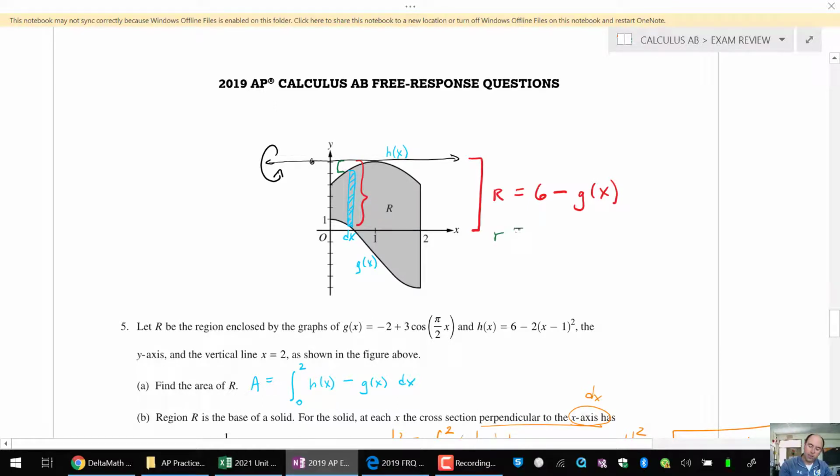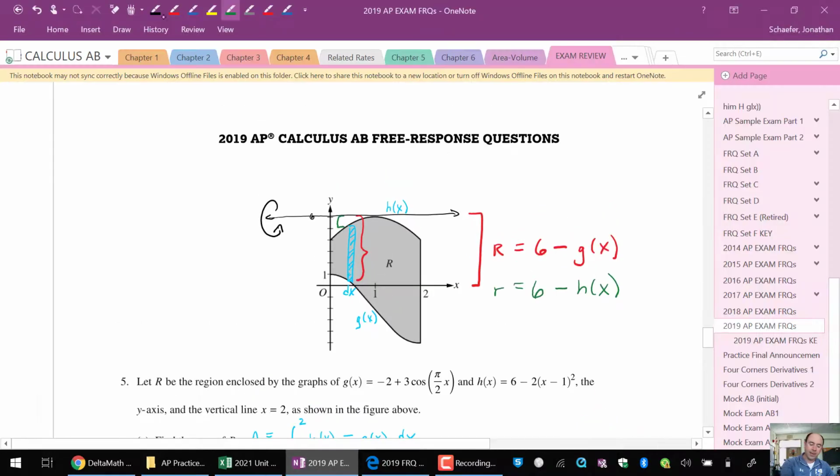So inner radius of the washer, starting at 6, minus h of x. Distance in the coordinate plane is always going to be top minus bottom. If we switch all this horizontally with integrals in terms of y, then it'll be right minus left. But in this case here, top minus bottom. So there's outer radius and inner radius.